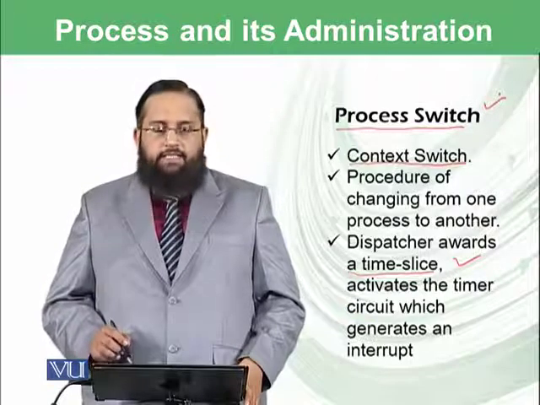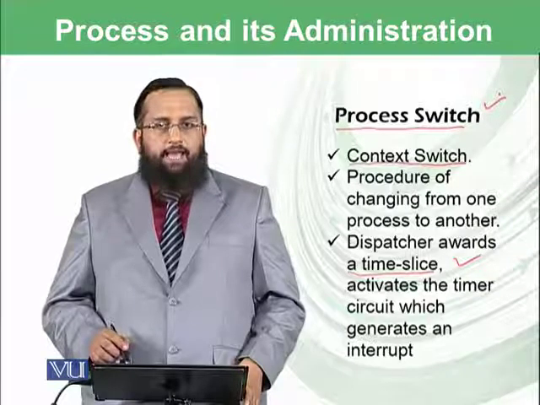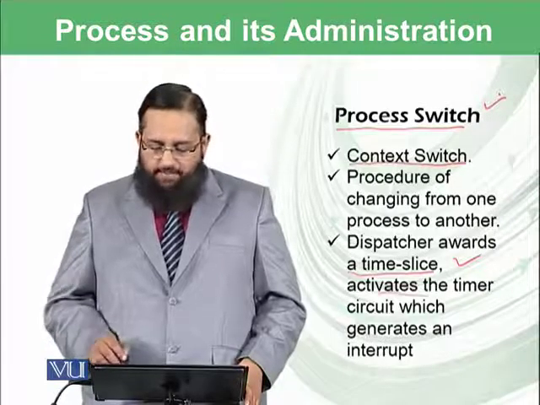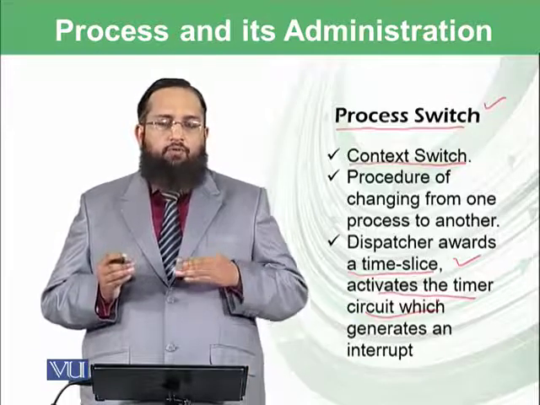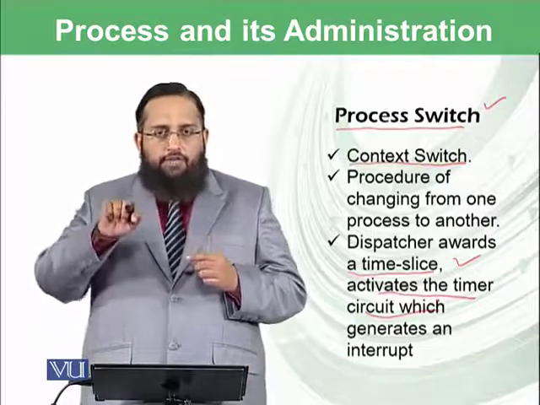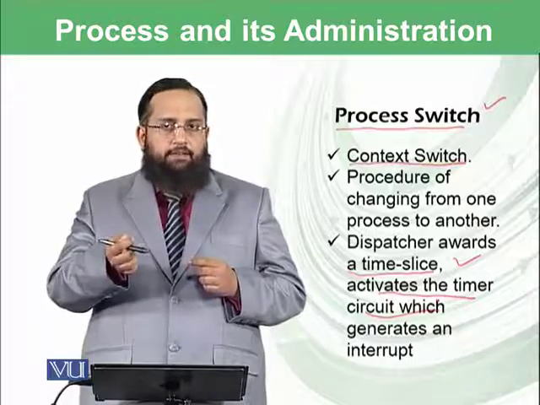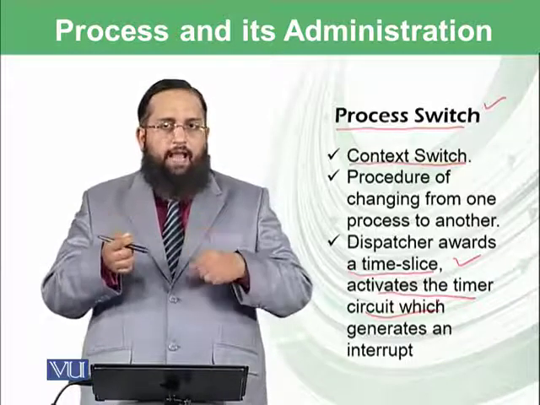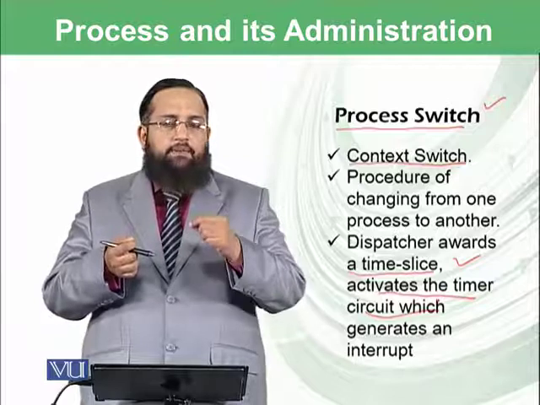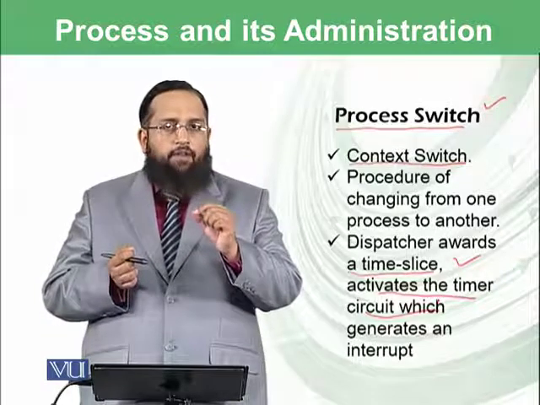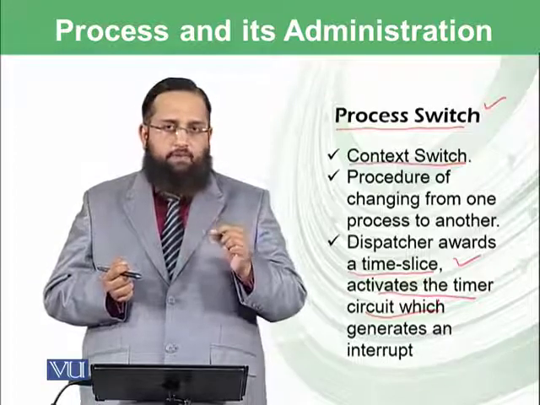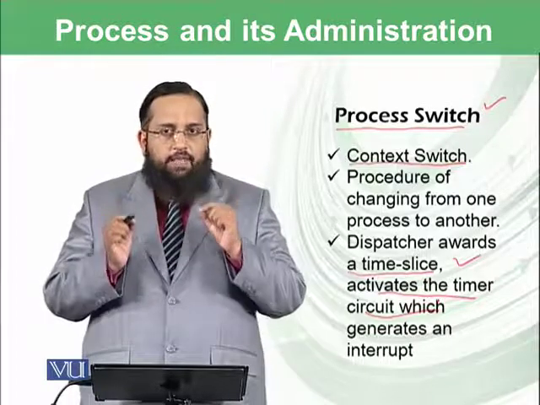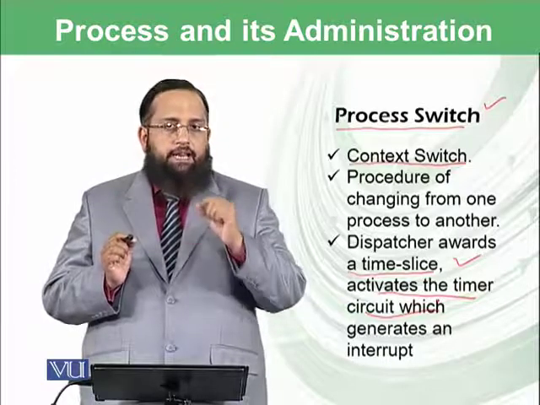And how does it see that the time has elapsed? It activates a timer. Whenever it gives control of the CPU to any process, it also initiates a time circuit that is counting. As soon as the time circuit reaches the point equivalent to the time slice given to that process, the time circuit activates an interrupt.